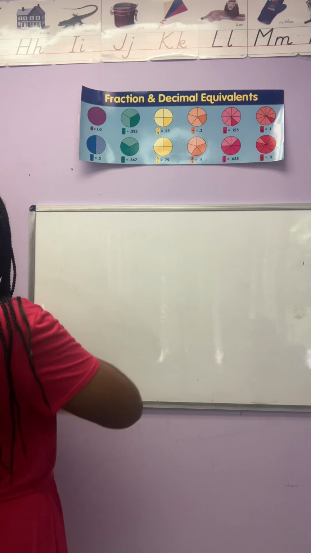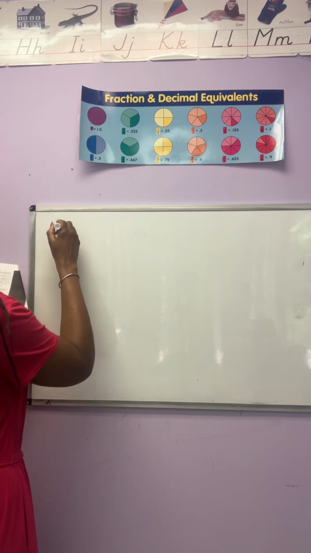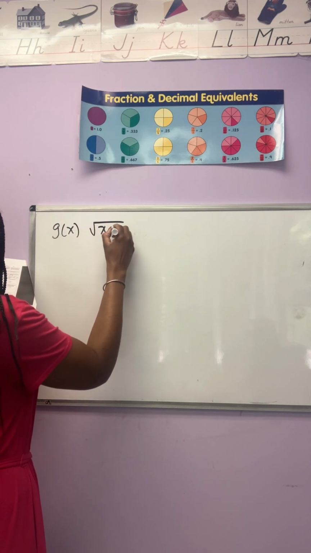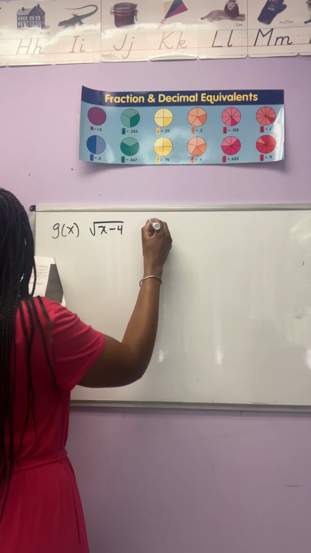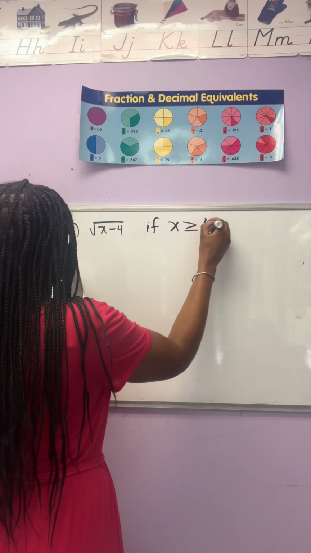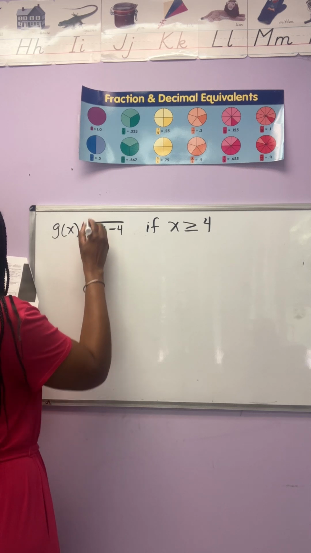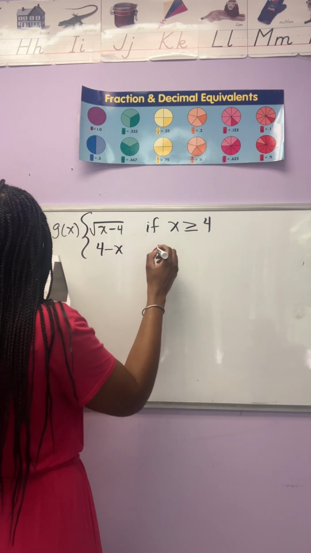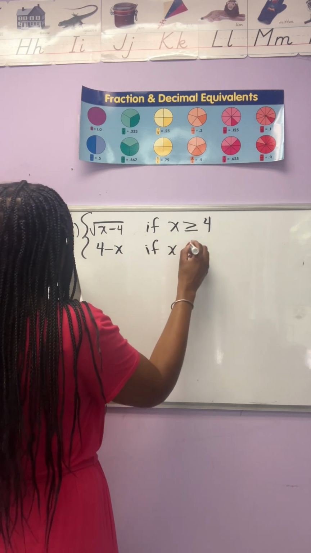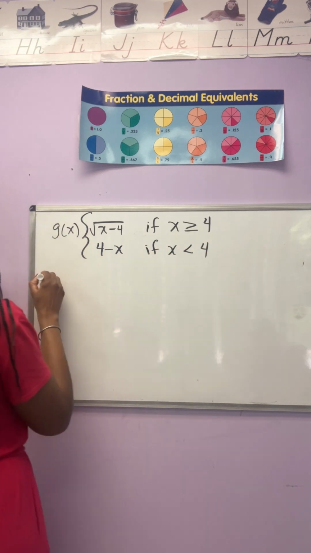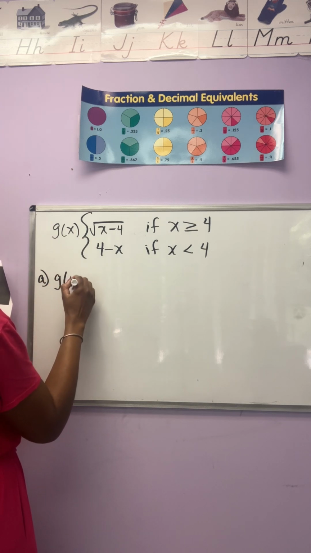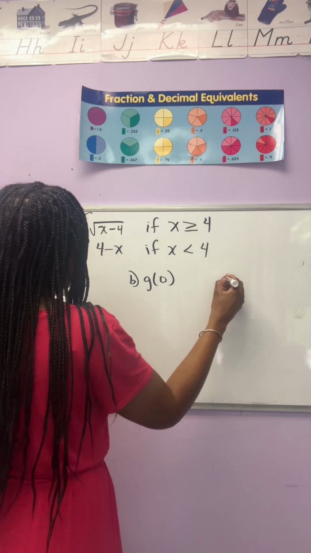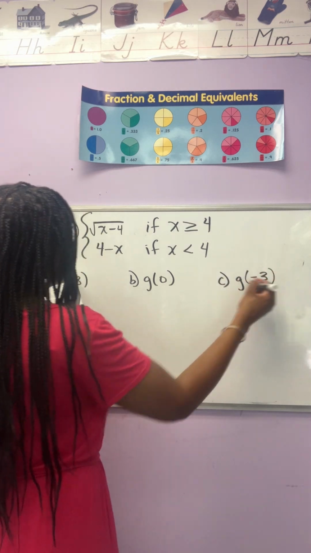So again, in Algebra 2, you're often given these different scenarios where they say, use this equation if x is greater than or equal to 4, but now use this equation, or this function, if x is less than 4. And then we're asked to solve for g of 13, g of 0, and g of negative 3.